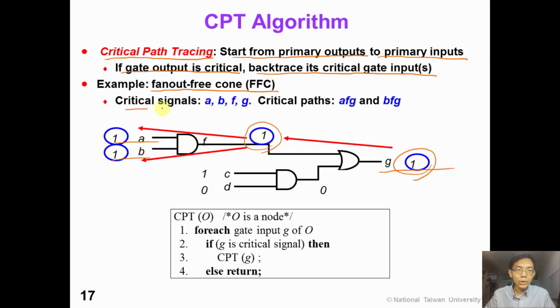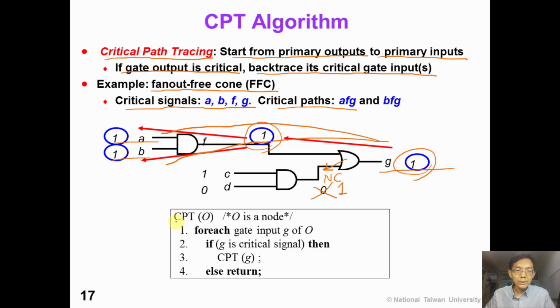So we have 4 critical signals, A, B, F, G, and we have 2 critical paths, A, F, G and B, F, G. This is not critical, since if we flip this to 1, the output won't be changed. So this is non-critical, and we don't have to trace along this non-critical signal.